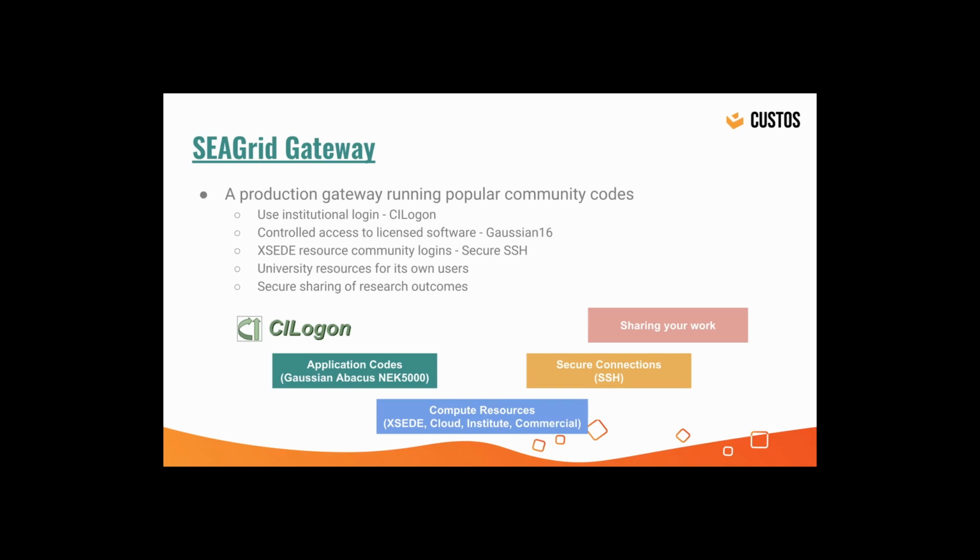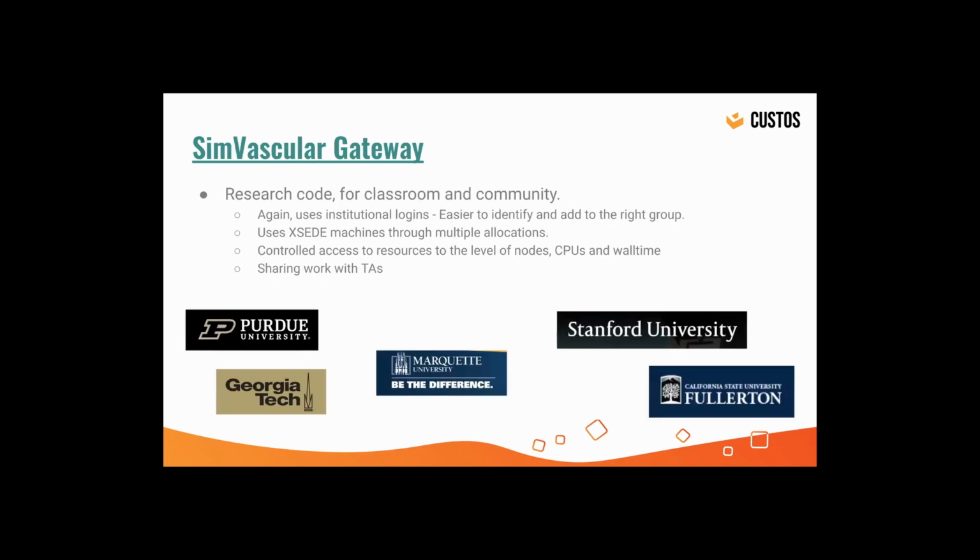Next, let me try another gateway. This is a little bit different from Secret. SimVascular provides a specific research code generated at Stanford University labs, called Marsden Labs.